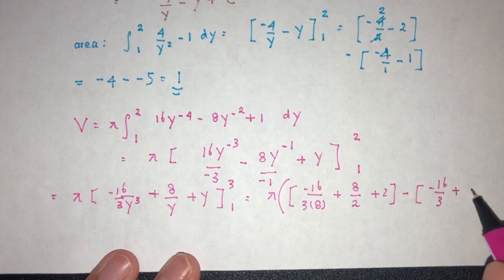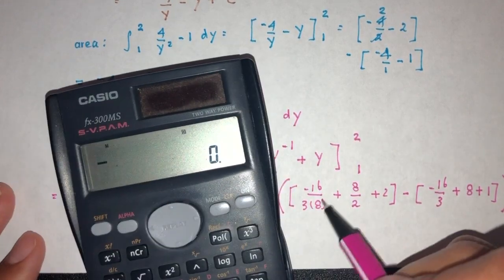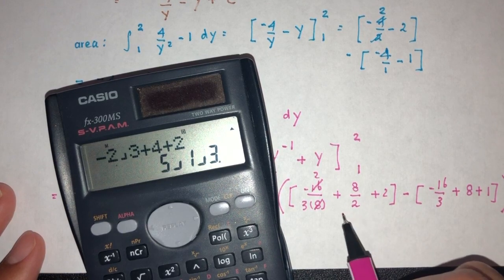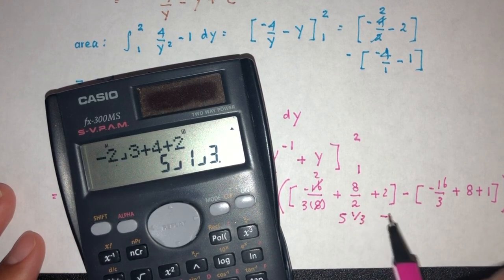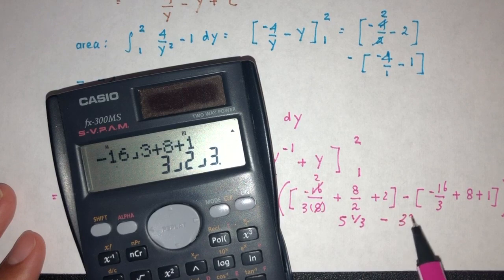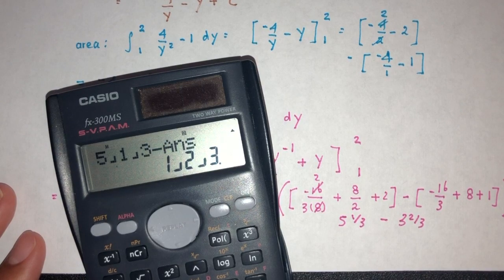And then here we have plus 8 plus 1. Let's see what happens. Minus 2 over 3 plus 4 plus 2. That should be 5 1/3 minus 16 over 3 plus 8 plus 1. That should be 3 2/3. So 5 1/3 minus the answer, that should be 1 2/3.